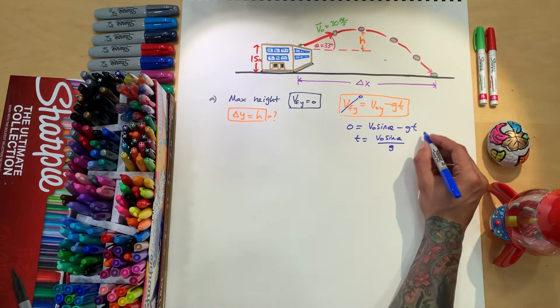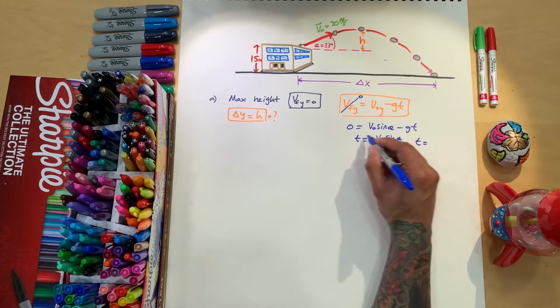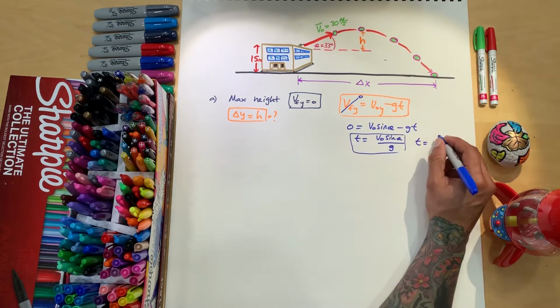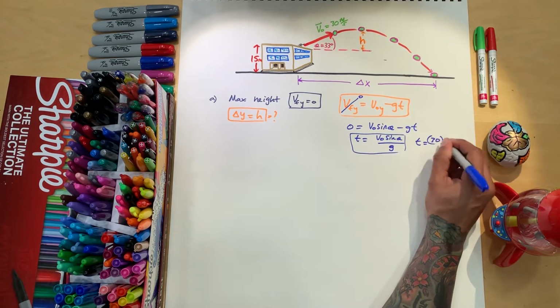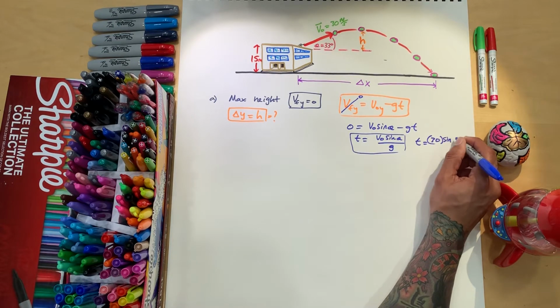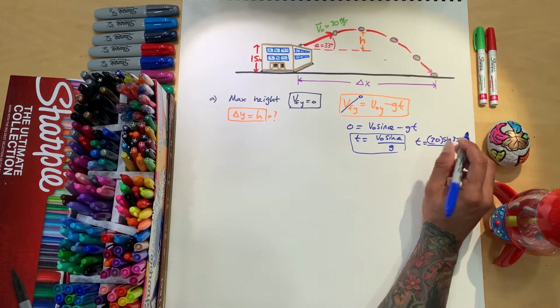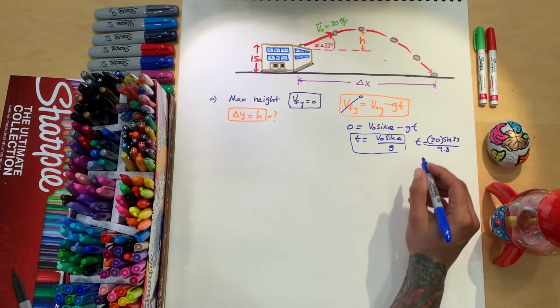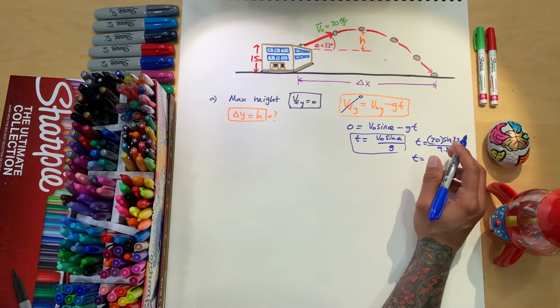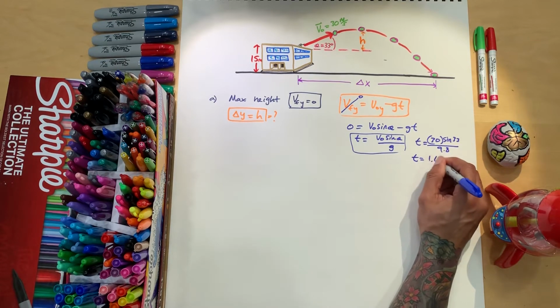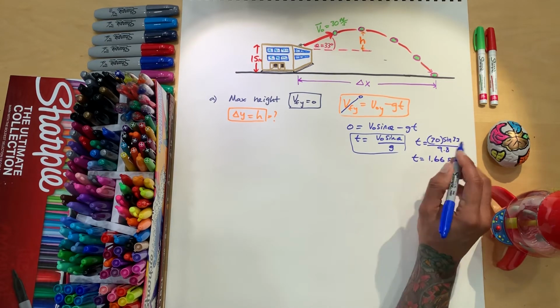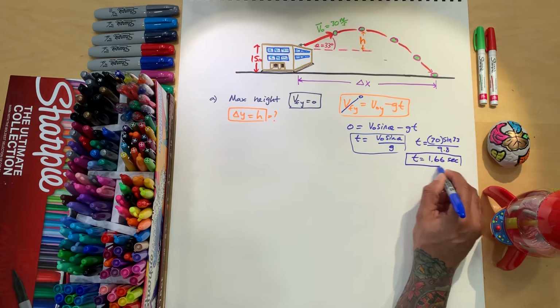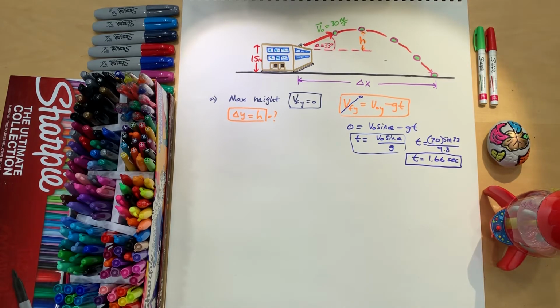So t is equal to 30, sine of 33, and 9.8 on the bottom. Finally we're going to get t is equal to 1.66 seconds.